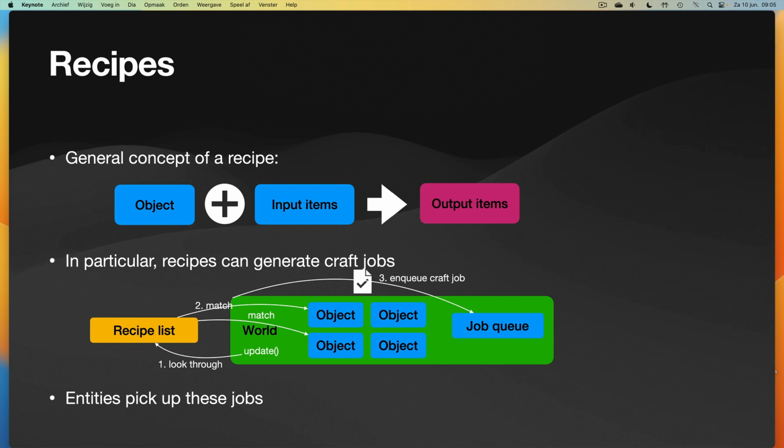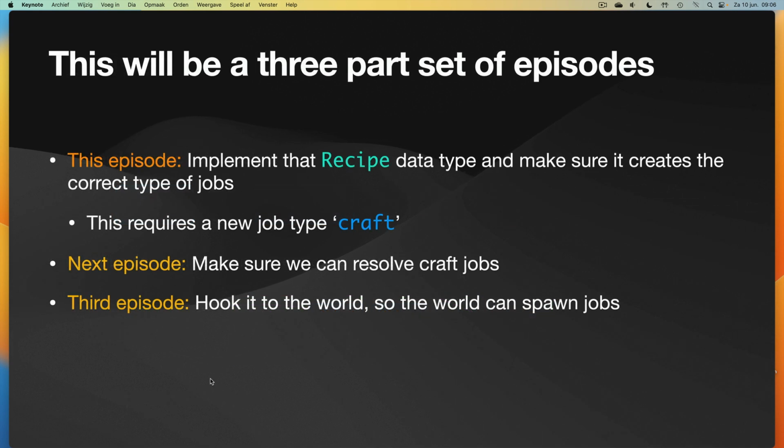So basically working at an object to perform a recipe will be a job like so many we've seen before, and it means we can also reuse a lot of the logic that we already added to jobs.